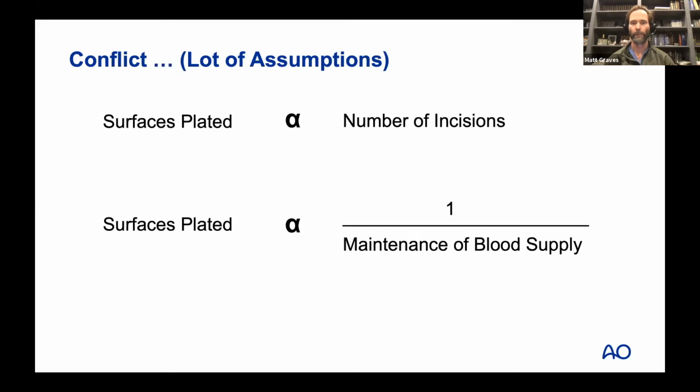Similarly, the number of surfaces that you plate is going to be inversely correlated to your ability to maintain blood supply. That has two different implications. First, that has an implication for soft tissue healing and therefore infection, wound healing complications. It also has an implication with respect to bone healing because you're taking away more blood supply the more surfaces you put plates on.